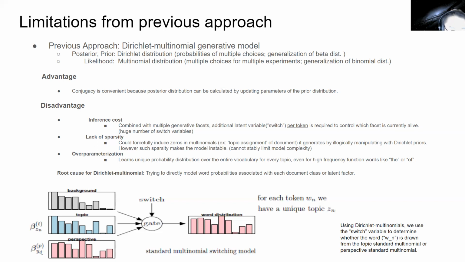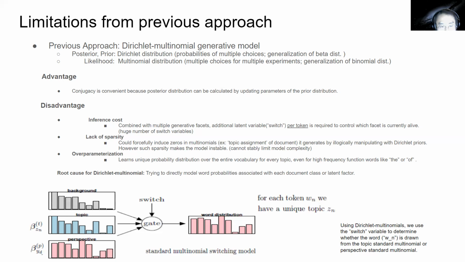This means we would also need some additional latent variables, because a facet is not comprised of only one topic. It could be topic 1, topic 2, so we would need additional latent variables to account for that. It could also be the case that a word's distribution should be determined by a combination of topic 1 and perspective 2.